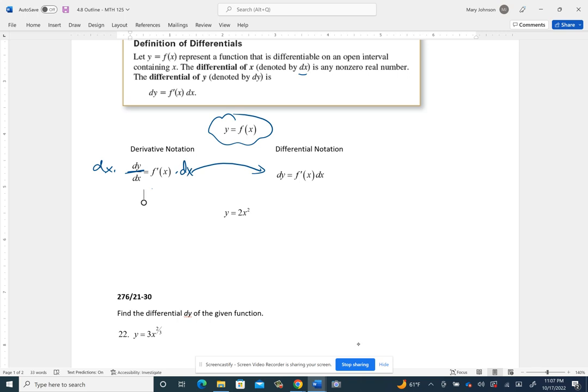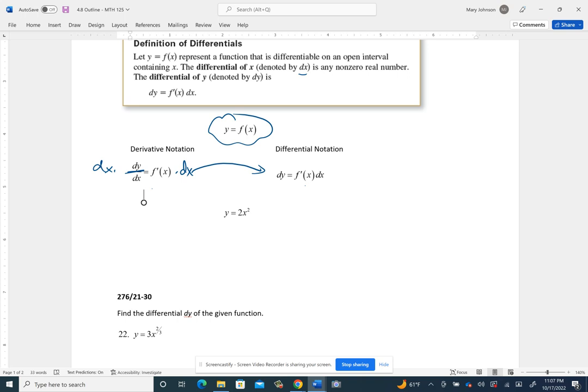So we know that dy equals f prime of x dx. Now these little differentials, the dy and the dx, they wind up being a small change in those variables. And so we'll use this in a minute, with some application problems to get a better sense of why we'd want to do this and how we could think of what dy really is by itself and what dx really is by itself.